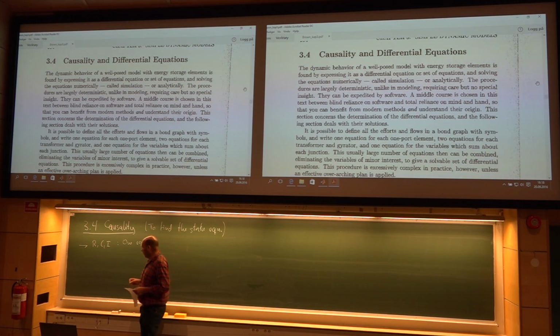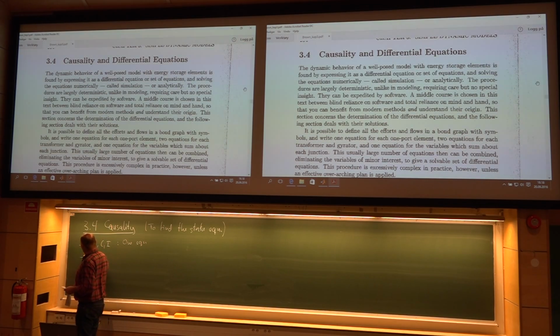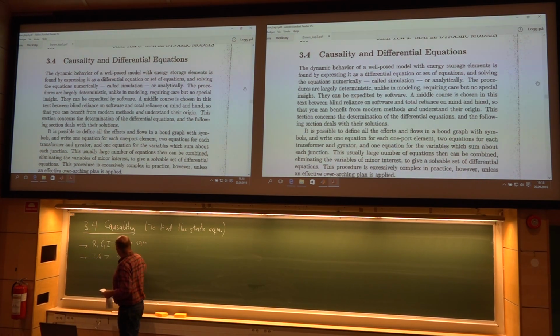If you have transformers, gyrators, TF and GY, they will be two equations. And you have junctions, zeros and ones, like that. They will give one equation each.